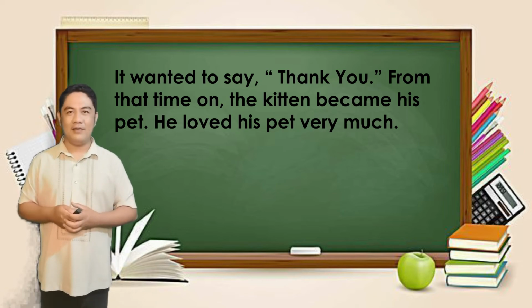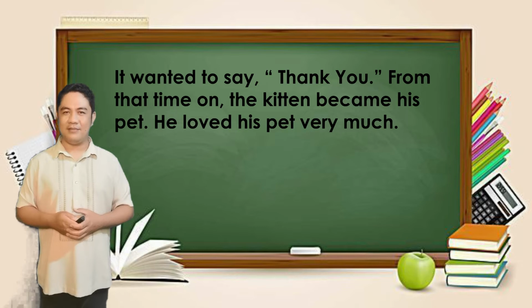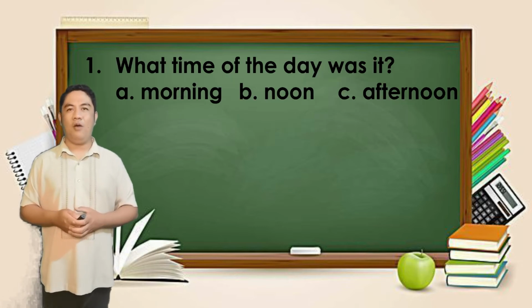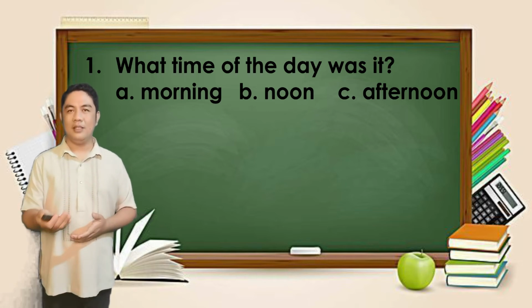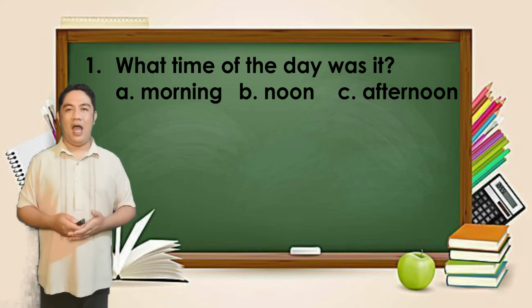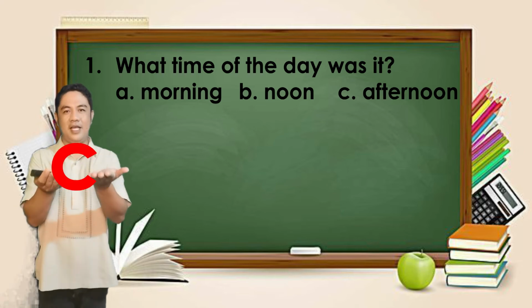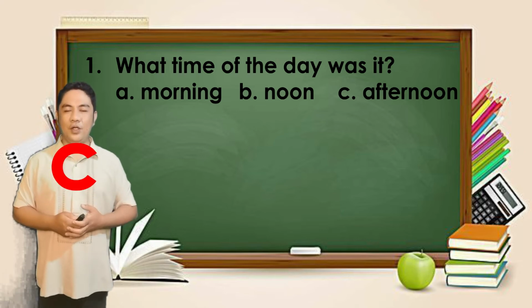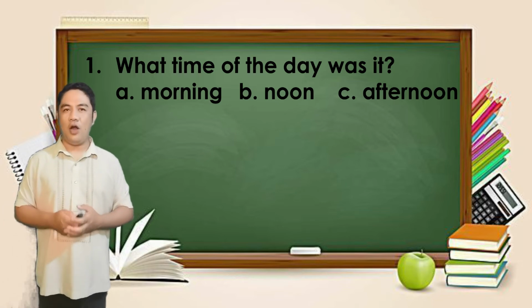How do you find the story? What did you feel? This time, let us answer the following questions. For number 1, what time of the day was it? Is it A, morning, B, noon, C, afternoon? If your answer is letter C, afternoon, you are correct, because the time mentioned in the story is one rainy afternoon.